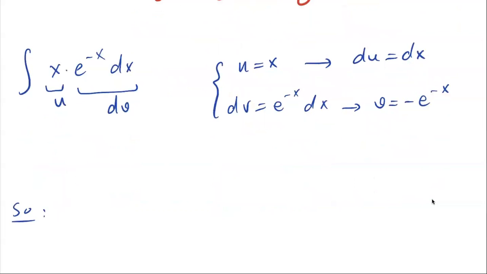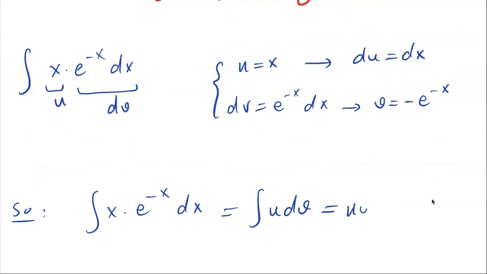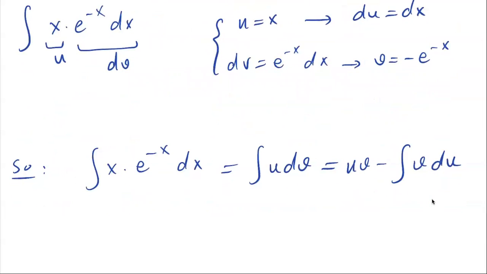So the integral of x e to the minus x dx is the same as the integral of u dv. The integral of u dv, we know, is uv minus the integral of v du. So then this will be x times minus e to the minus x, uv, minus the integral of v du. So minus e to the minus x, and du means dx.